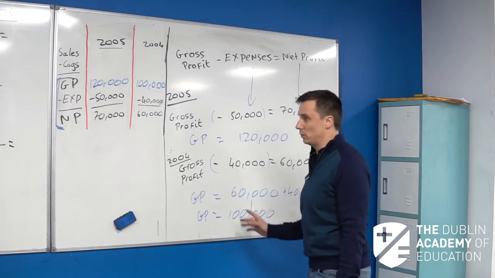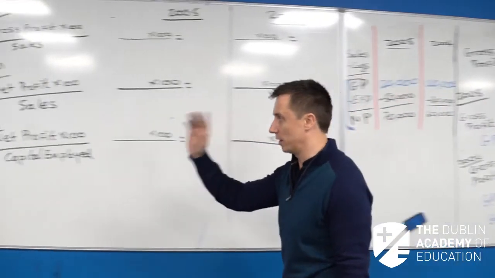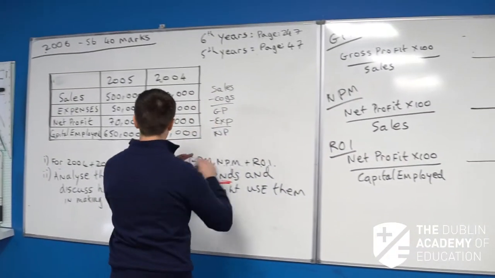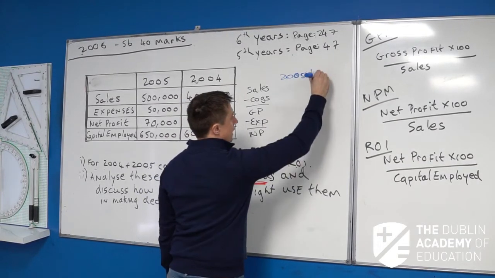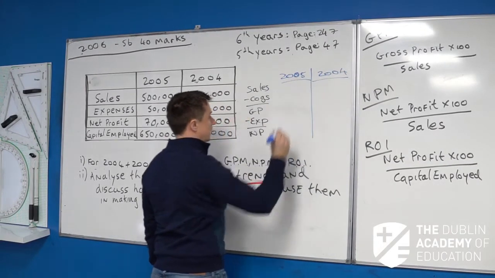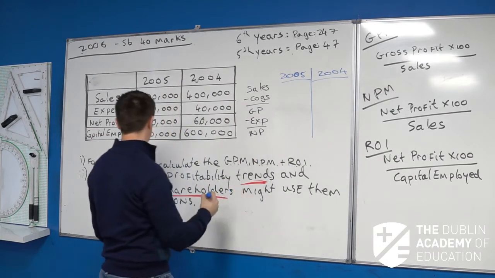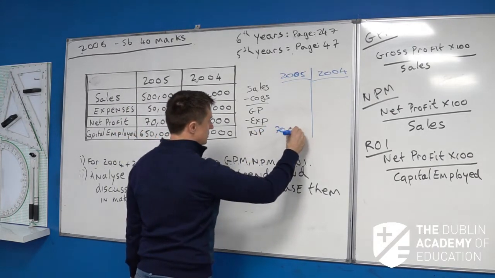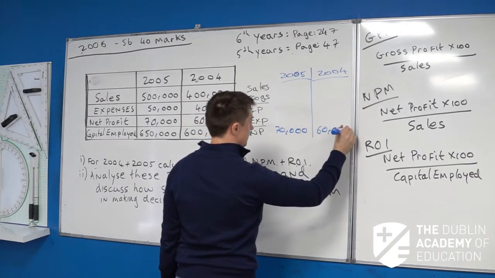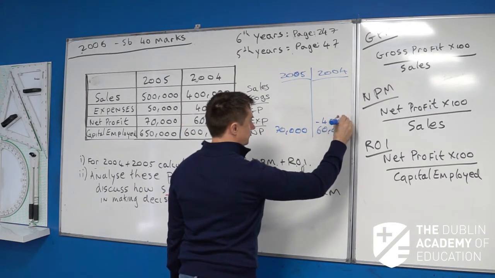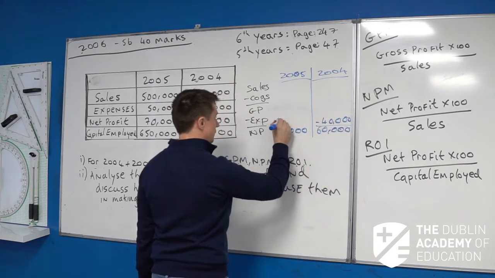If you follow me back over here, we'll have a quick look. Imagine I was splitting this up, 2005 here, 2004 here. Very quickly, key in the information that I do have: net profit 70,000 and 60,000, and expenses 40 and then 50.